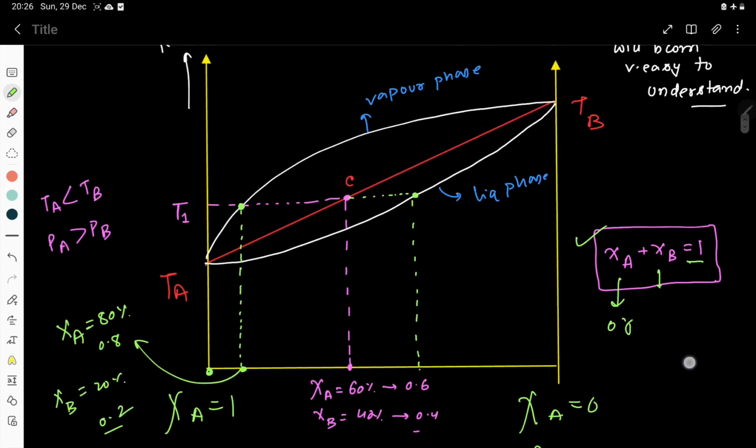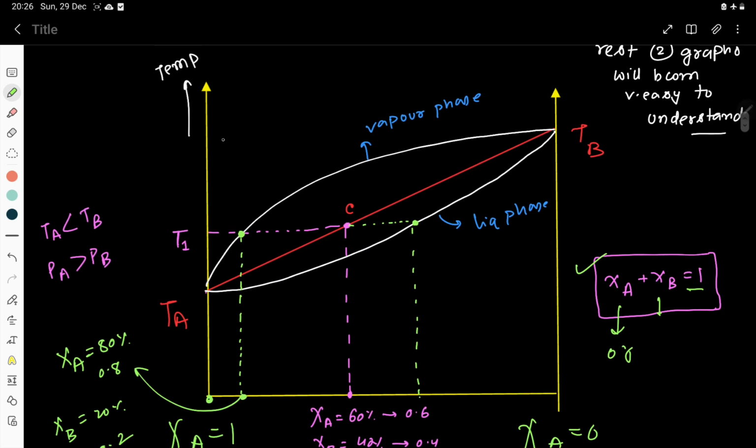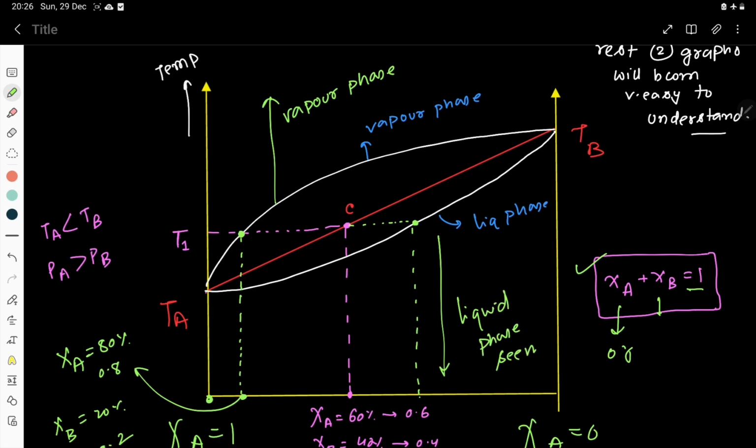Now see what happens. Above this vapor phase curve, only one phase is seen, that is the vapor phase, and below this curve only the liquid phase is seen. Basically, the vapor and liquid phases are in equilibrium.